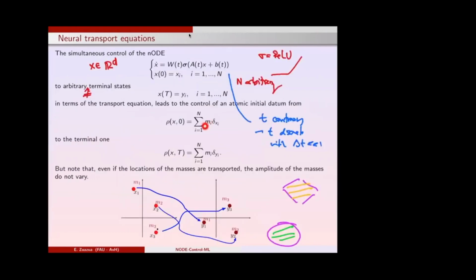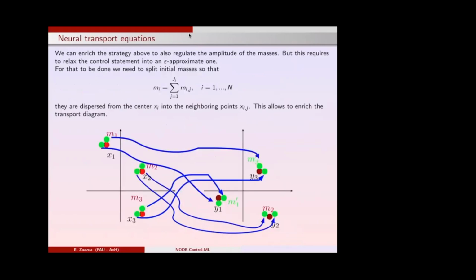Here I'm just moving the center of gravity of the masses. But the mass is being driven along the transport map, so you will not modify the mass. If you really want to modify the mass, you have to pay a little price, which is the price of making things epsilon close again, right?